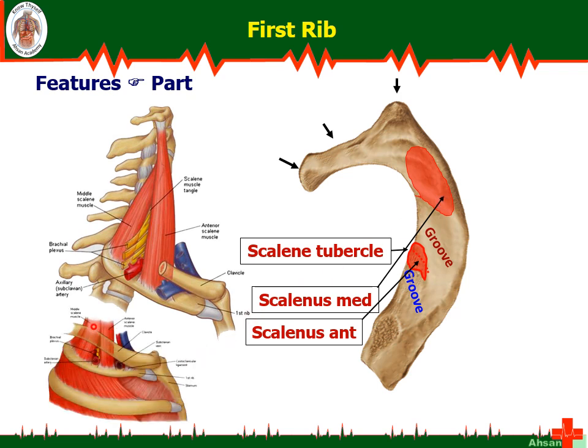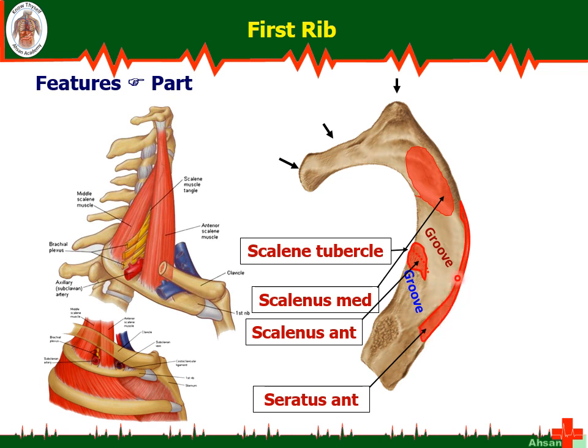You can see this is the middle scalene muscle, this is the subclavian artery, and this one is the subclavian vein. With this you can observe that the lower trunk of the brachial plexus is here. So this posterior groove is formed by the subclavian artery, but it also contains the lower trunk of the brachial plexus.